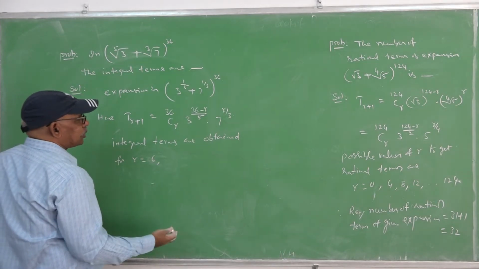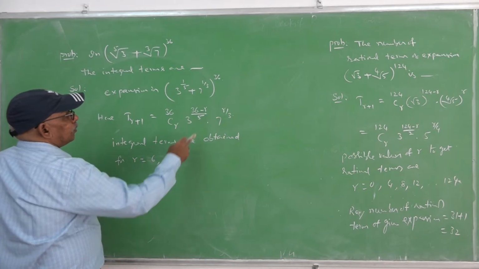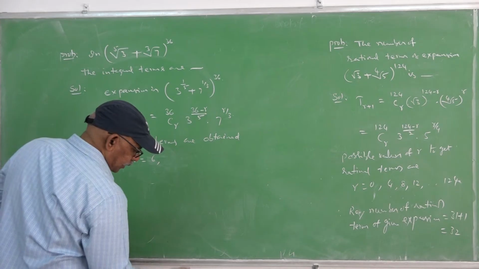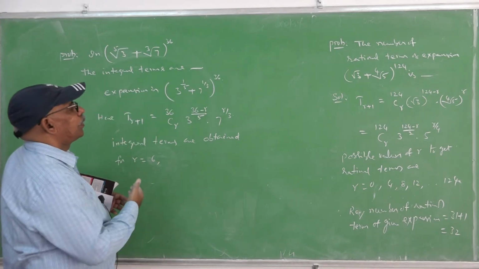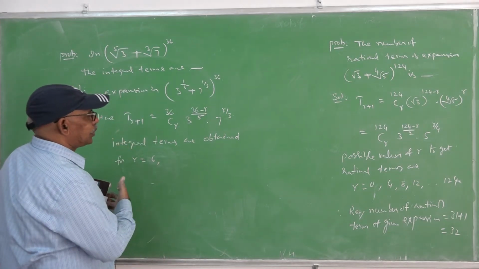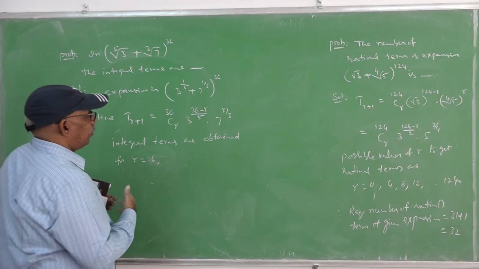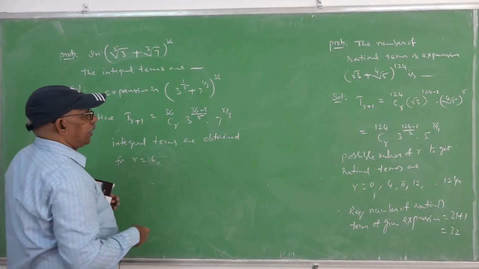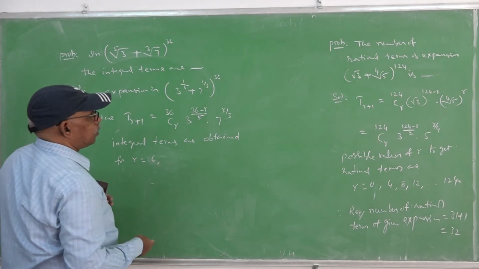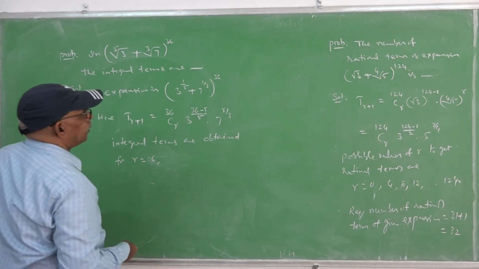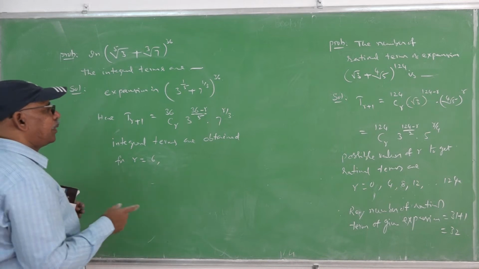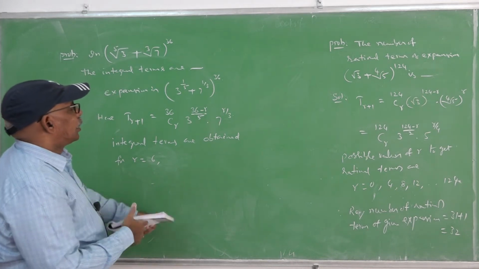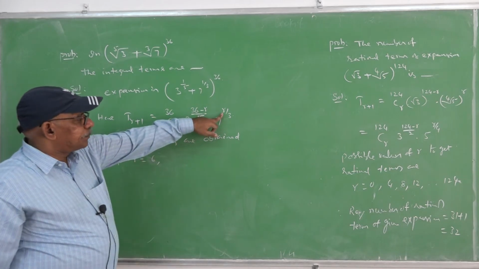Similarly multiples of 6 in general, so taking r equal to 12, or r equal to 18, not possible. It should be a multiple of 3 and 5, not only 3.